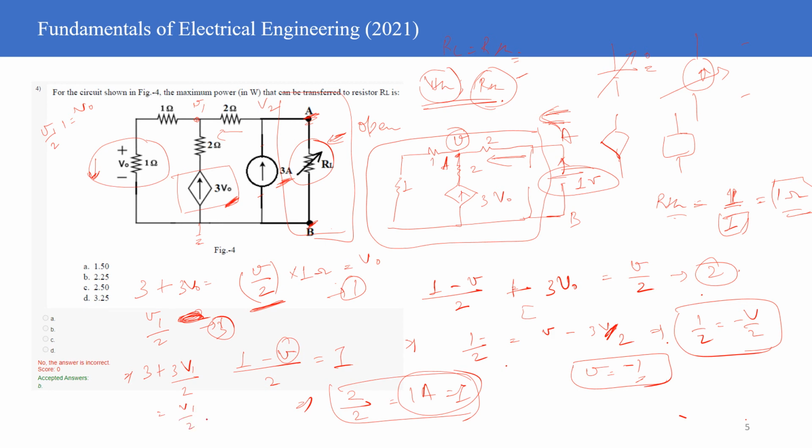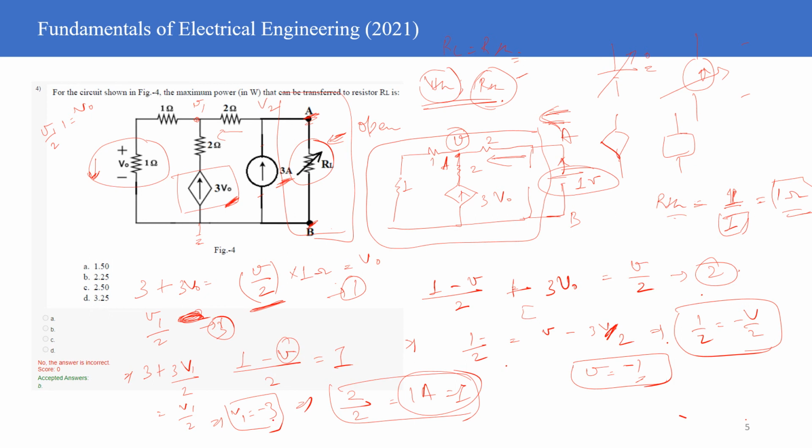Now you can solve this. It's pretty straightforward from here. V1 will come out to be, give me a minute, minus 3. Tell me if I'm making positive and negative mistakes. I think I'm correct here, so V1 is equal to minus 3.